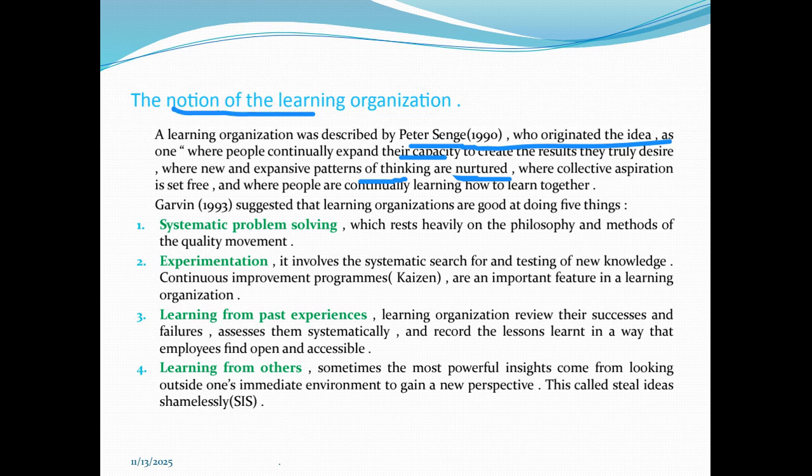So Garvin in 1993 suggests that learning organizations are good at doing five things. First, systematic problem solving. Then experimentation. They learn from past mistakes. They learn from others.